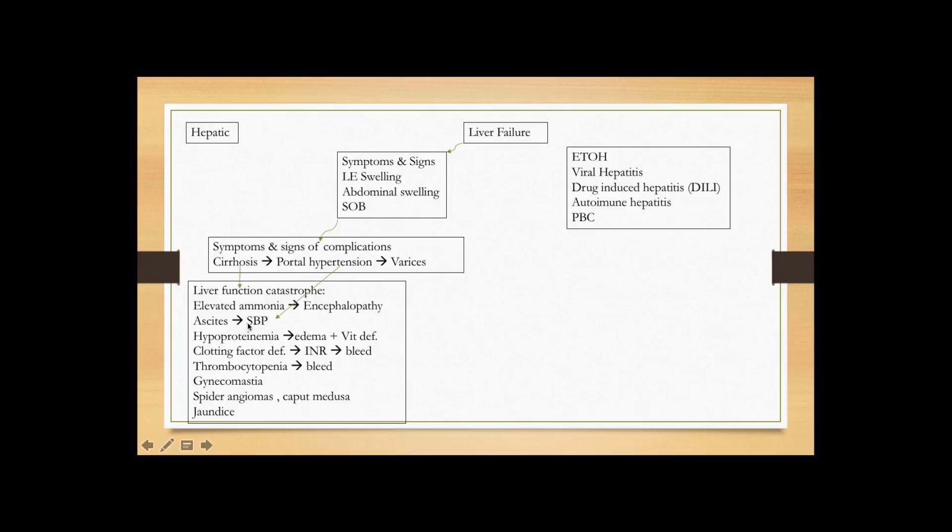These people will come in with severe abdominal pain, swelling, and of course a lot of tenderness. So this scenario will be spontaneous bacterial peritonitis. Just remember that whenever people have liver failure and ascites, it can be complicated by spontaneous bacterial peritonitis.